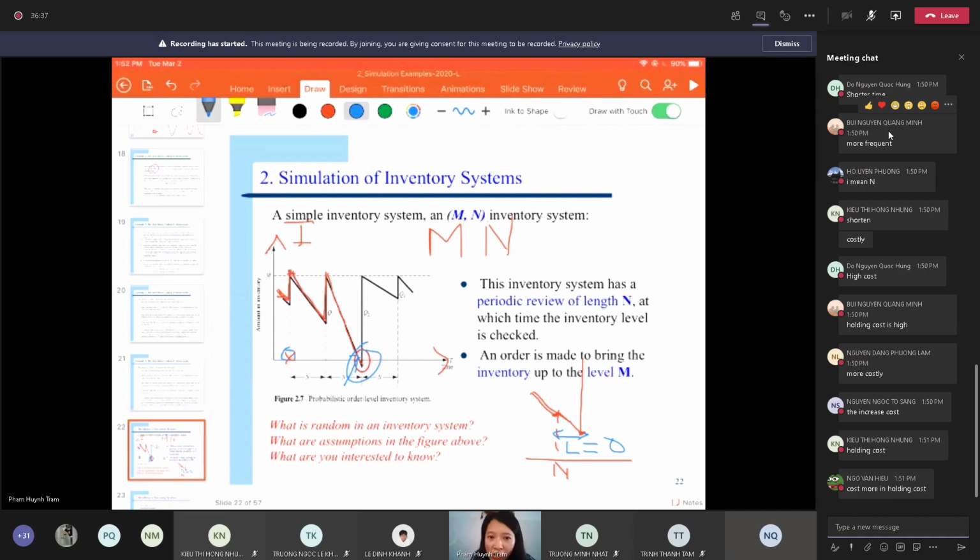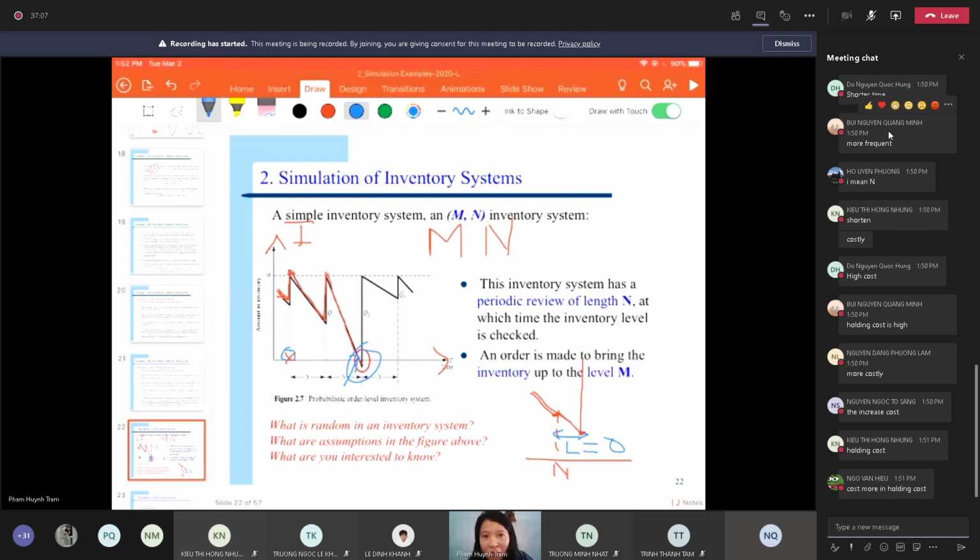Besides the holding cost, we also have what happens if we make orders so frequently. We also have ordering costs, right? So there are two ways to keep higher stock. One is we place an order with a very large quantity, or we review continuously and make orders frequently.